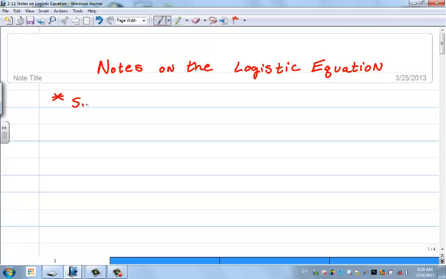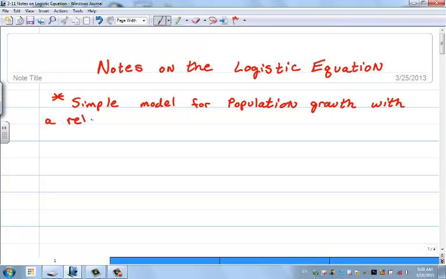If you look at a simple model for population growth, with a relative growth constant, well, we've already talked about that in a roundabout sort of way in our study of differential equations.